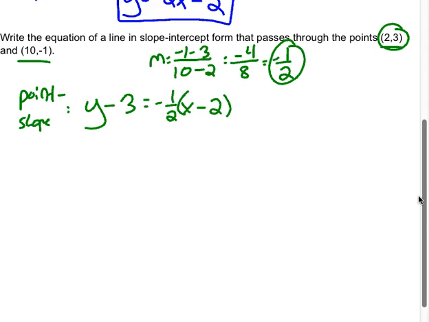So I have a point slope equation, but the idea is I want it in slope-intercept form. So slope-intercept form, remember, that means solve for y. Get the y completely by itself. So let's distribute that -1/2 in. -1/2 times -2 is a +1.